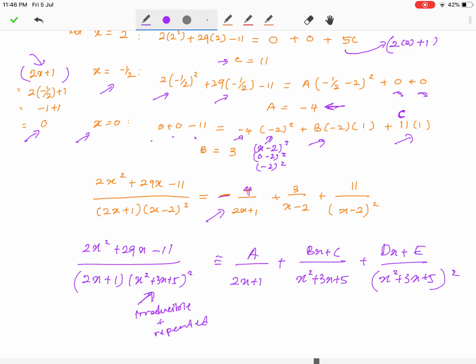The numerator is one degree less compared to the denominator. I hope that helps. You can generalize these four simple rules to most algebraic fractions. So that's it.